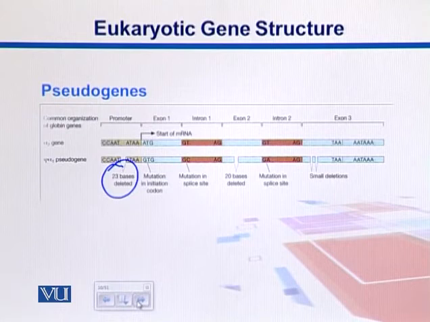In the same way, in the start codon, rather than ATG, it's GTG. We also see mutations in the splice sites, rather than GT, it's GC. Again here, we also see some other small deletions, and in the end, in exon 2 there are other 20 bases which are also deleted. In this way, this normal gene has now become a pseudogene.